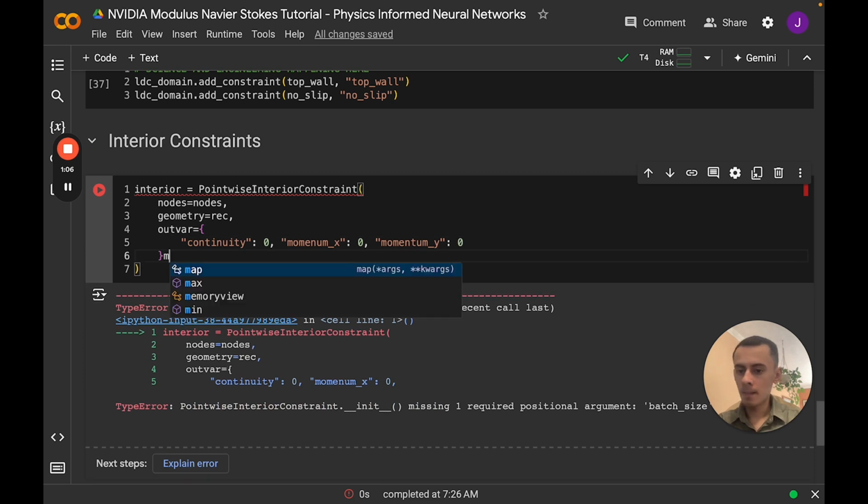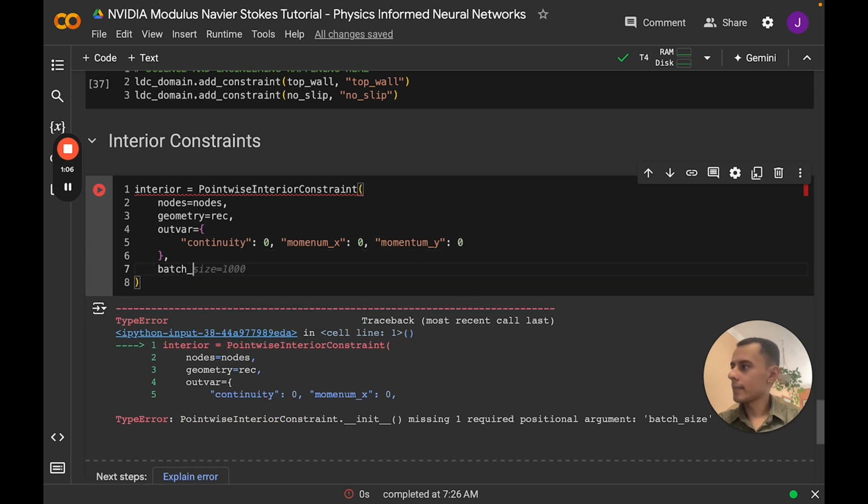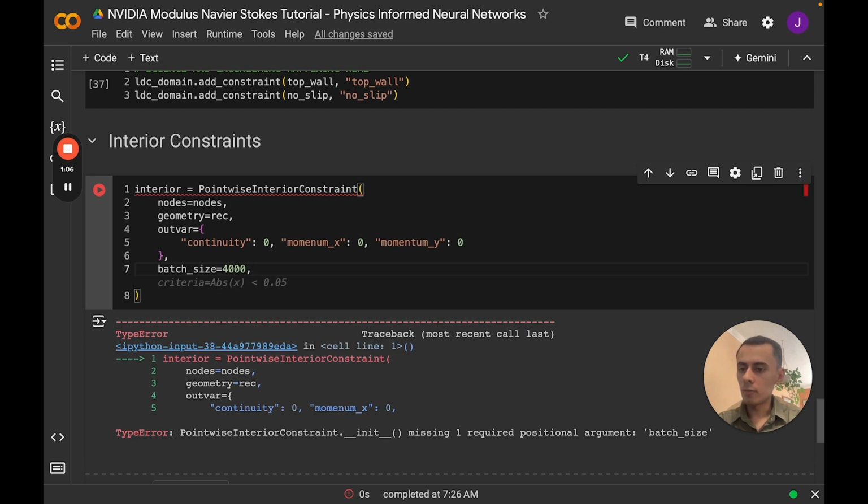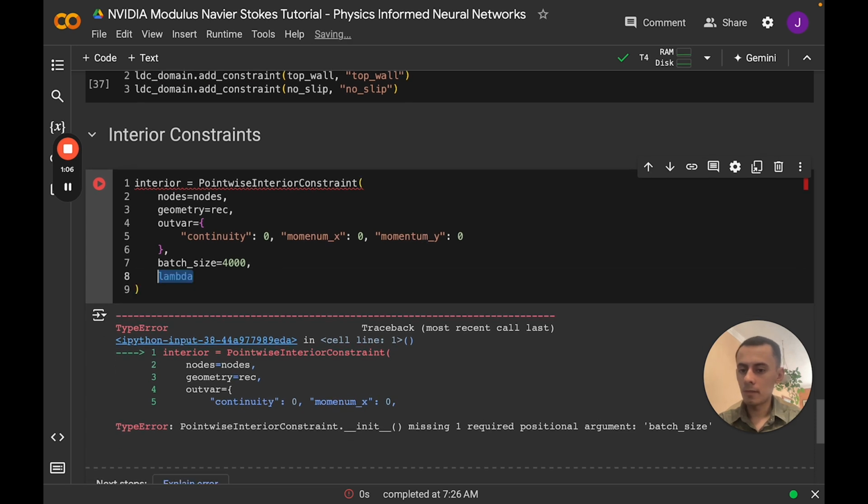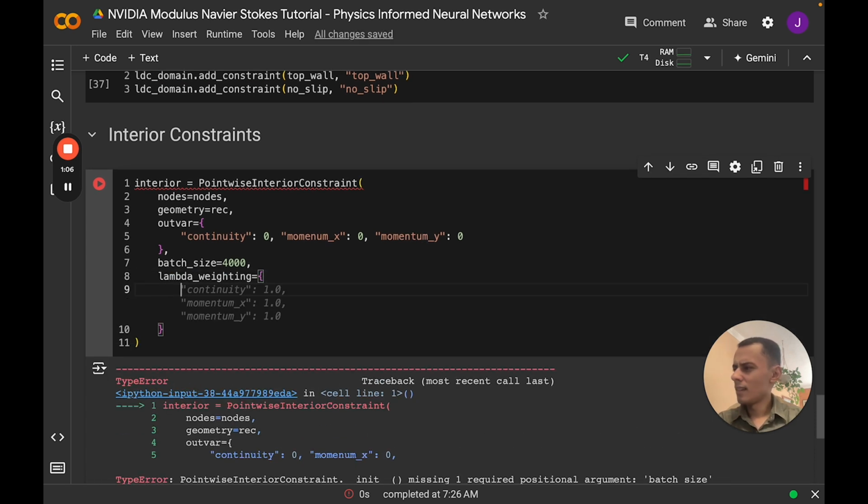Okay. The batch size gotta be equal to 4,000, and the lambda weighting gotta be equal to a symbolic, called symbol SDF. Not this autocompletion.